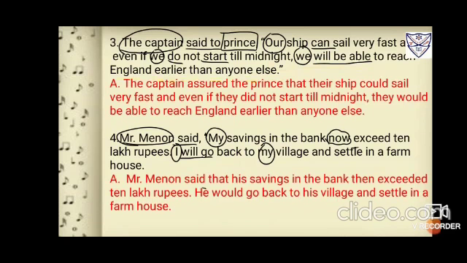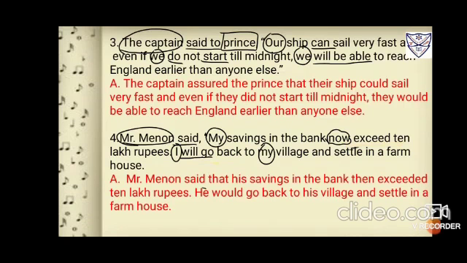Now number 4, Mr. Menon said, my savings in the bank now exceed 10 lakh rupees. I'll go back to my village and settle in a farmhouse. So the reporting verb is "said." Then the reported verb is, my savings in the bank now "exceed." So "exceed" is your reported verb. Okay, and "I will go back," so "will" changes to "would."